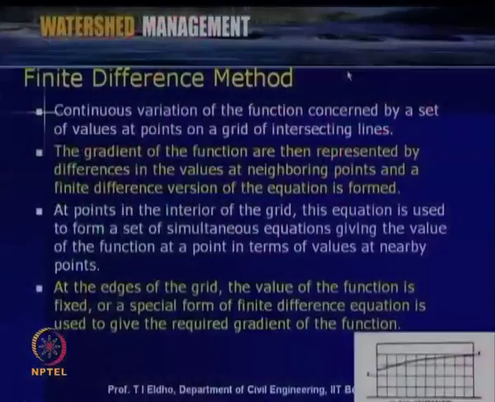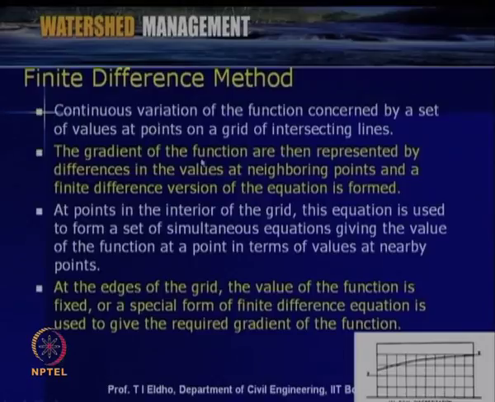First one is the finite difference method. Here, the finite difference method represents the continuous variation of a function by a set of values at points on a grid of intersecting lines. If this is our domain, we discretize this domain into rectangular or square grids like this, and then we use the governing equations so that we discretize the governing equations.